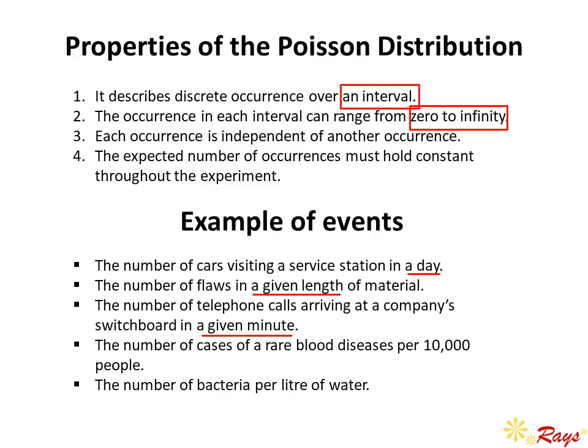The third one, the number of telephone calls arriving at a company switchboard in a given minute. It could be in 5 minutes. Number of cases of rare blood disease per 10,000 people. So that is our interval. And the number of bacteria per liter of water. Interval is per liter. It could be given in every 2 liters or so.